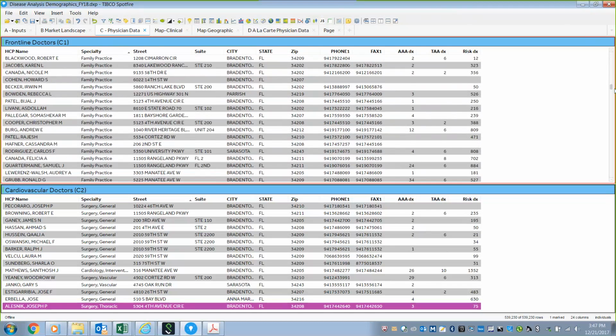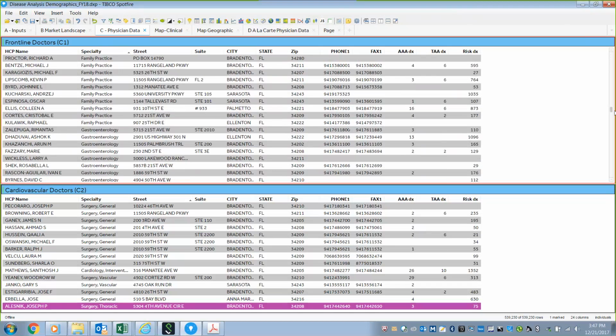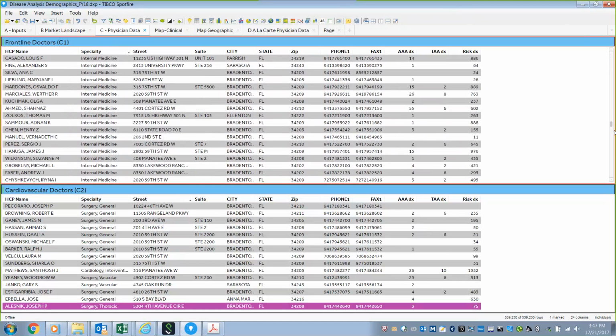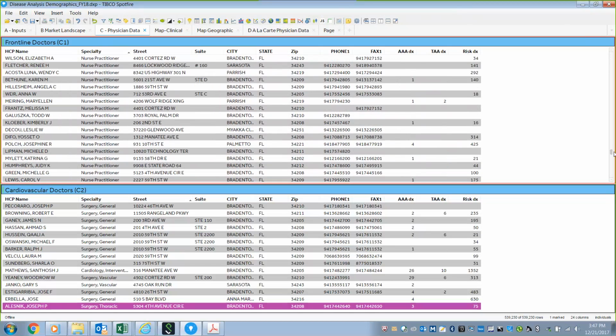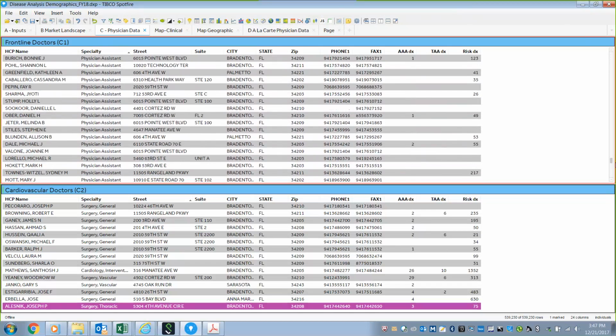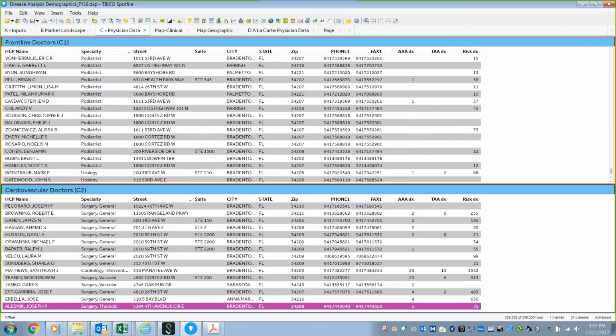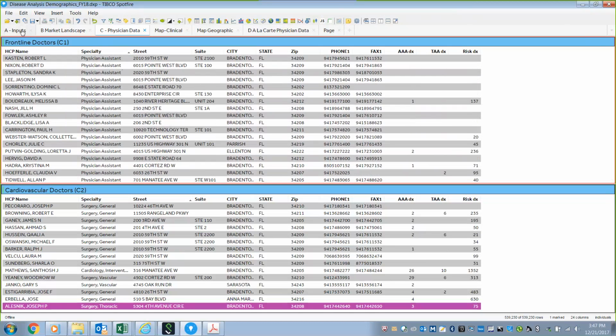Emergency medicine, family practice, internal medicine, geriatric medicine, gastroenterology because they're focusing in that part of the body, and nurse practitioners and PAs, who are also physician extenders who see these patients, and podiatry as well. So that's your entire grouping of people that are on the front line.